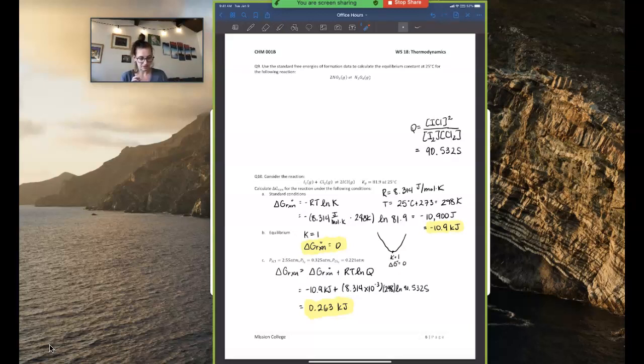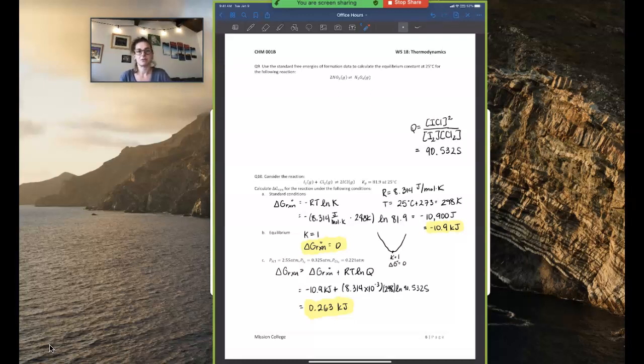A lot of times I've noticed students will use R as joules and then maybe plug in kilojoules for that Gibbs free energy, and when the units are not consistent, that's when errors occur. Don't forget you have to work in Kelvin always. Usually you provide the temperature in Celsius because that's what our thermometers work in, but a lot of these equations we're working in Kelvin. That's how they were derived originally.